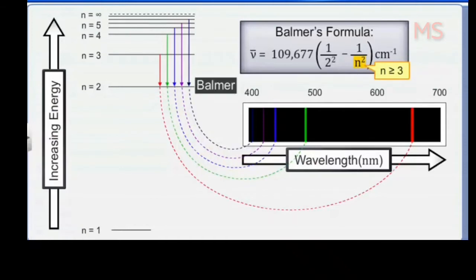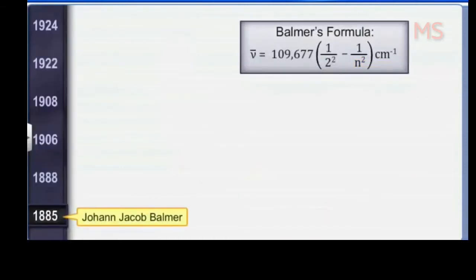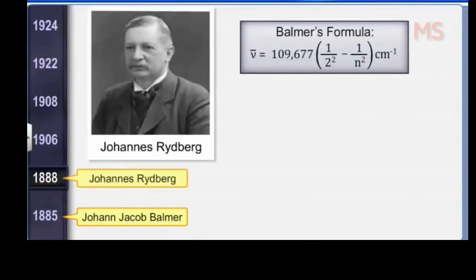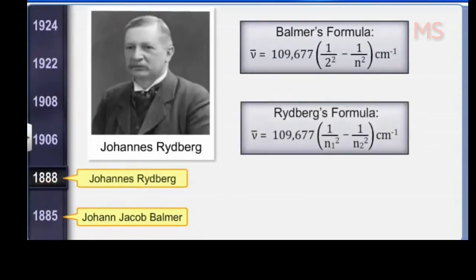Balmer's formula inspired the Swedish spectroscopist Johannes Rydberg to come up with a modified formula to describe all series of lines in the hydrogen spectrum. The equation may be written as wave number, nu bar, is equal to 109,677 multiplied by (1 divided by n1 square minus 1 divided by n2 square) per centimeter.